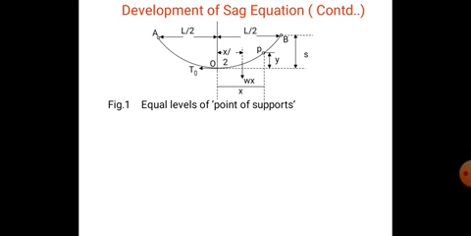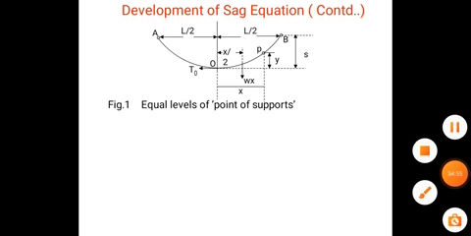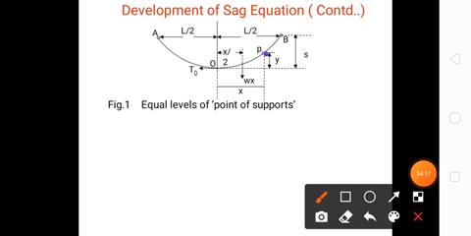Consider a point P on the conductor at a distance x from the point O. The curvature OP is so small that the curved length is equal to its horizontal projection.